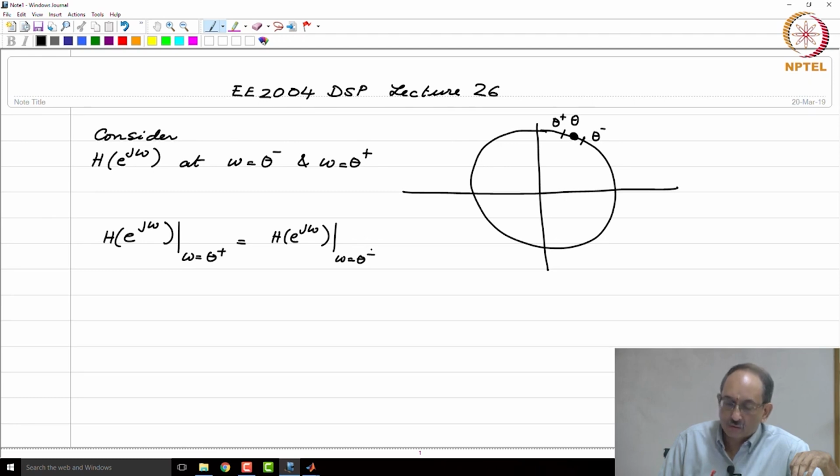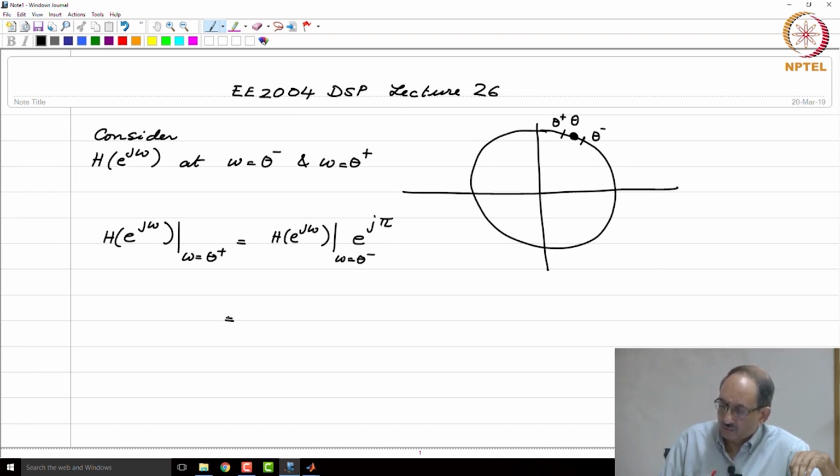However, when you consider the 0 at theta, and since the 0 is on the unit circle, when you cross the 0, you are going to acquire a phase change of pi. Therefore, the frequency response at theta plus is related to the frequency response at theta minus. The only difference is it will acquire a phase change of pi, otherwise everything else remains the same.